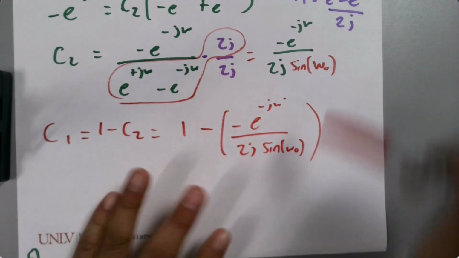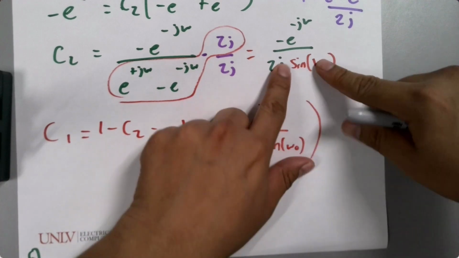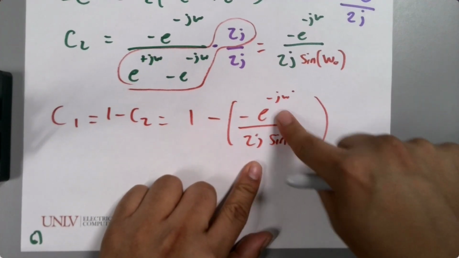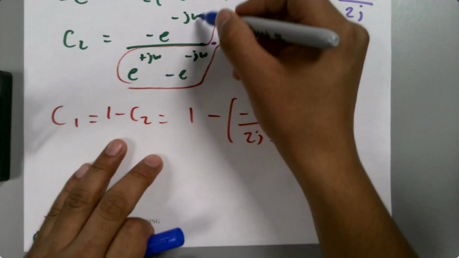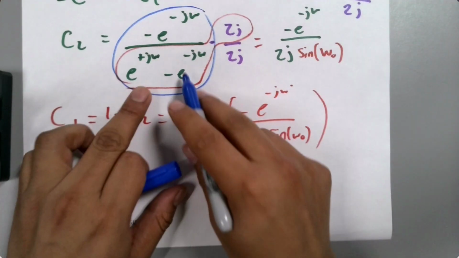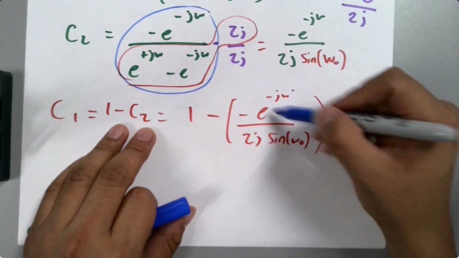So we could have kept this, but I'm going to replace this term right here with this term. So this right here is equal to this, but I'm just going to put this back in here.